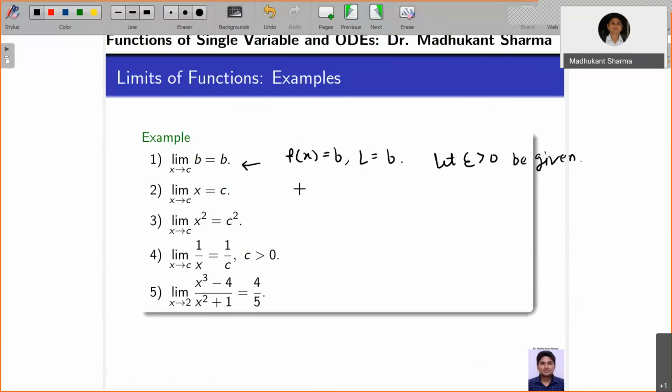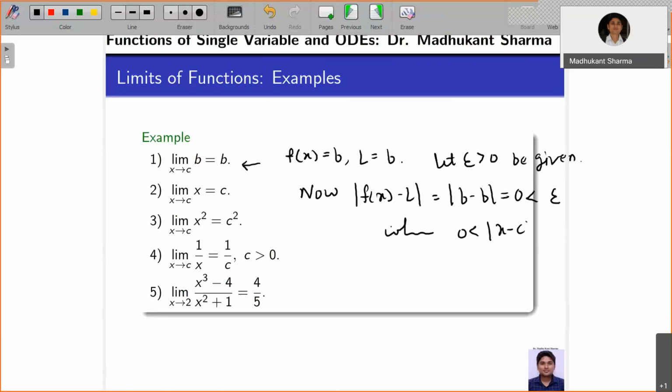Now mod of f(x) minus L is equal to mod of b minus b, that is equal to 0, which is certainly less than epsilon, for all x, whenever 0 less than mod x minus c less than delta. So for a given epsilon, you can choose delta equal to epsilon, or any delta will work here.